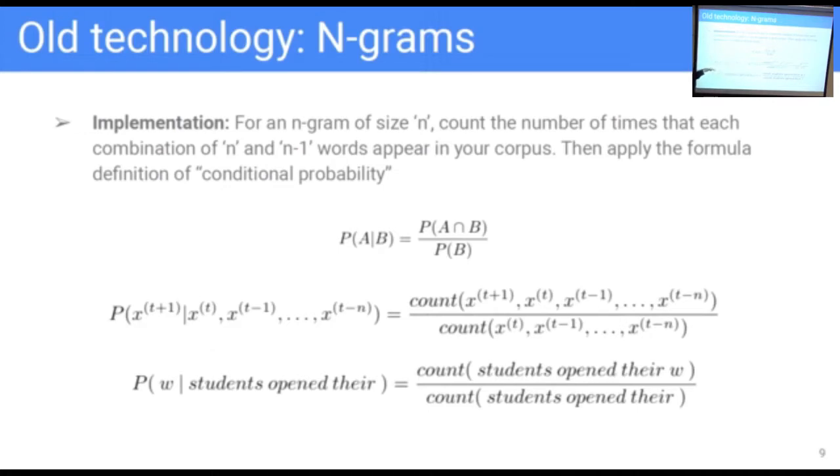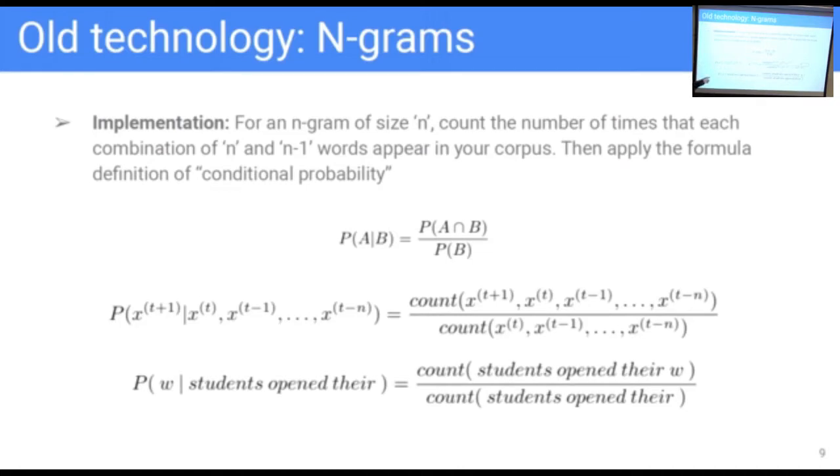And if you use that rule to calculate this probability in a frequentist setup, then you simply count how many times the next window appears just after the window of input words, divided by how often the window words appear in the universe or in your data set.